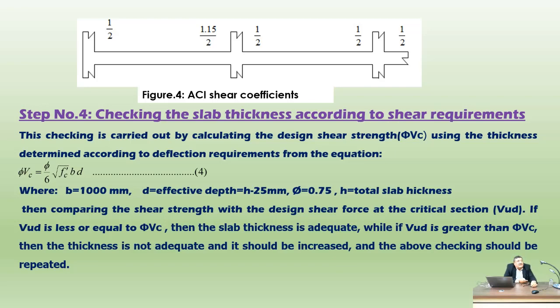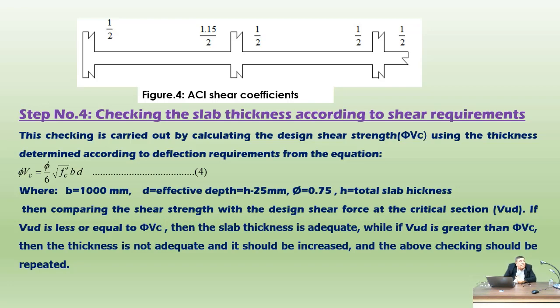This checking is carried out by calculating the design shear strength phi V sub C, using the thickness determined according to deflection requirements, from the equation phi V sub C equal to phi over 6 square root of F prime C dot B dot D, where B equals 1000 millimeter, D equals the effective depth equal to h minus 25, phi equal to 0.75, and h equal to total slab thickness.